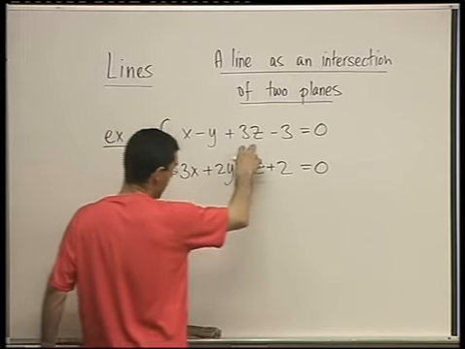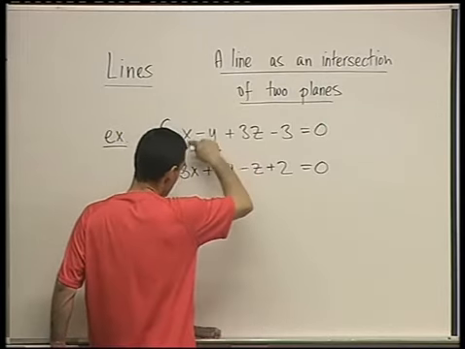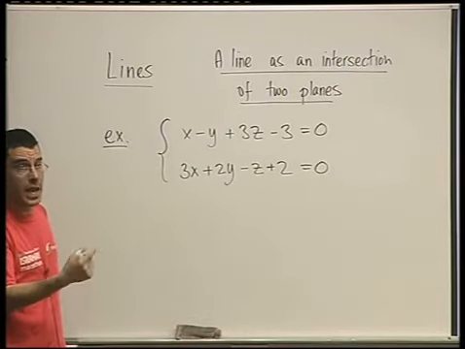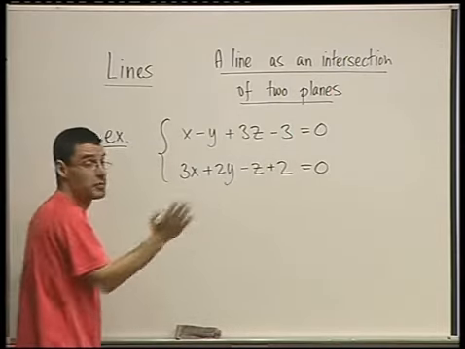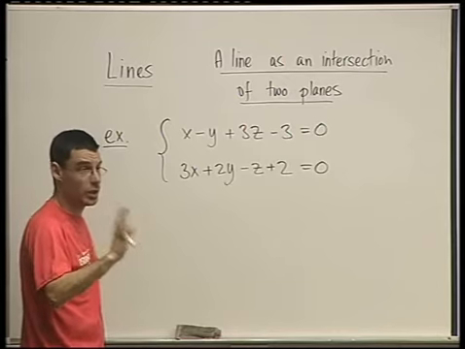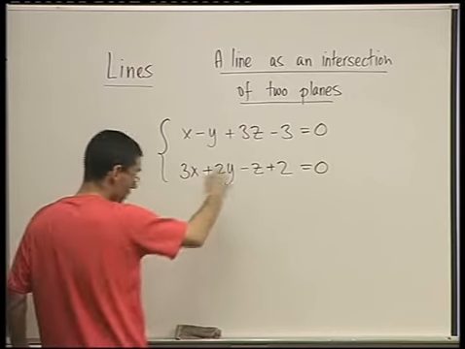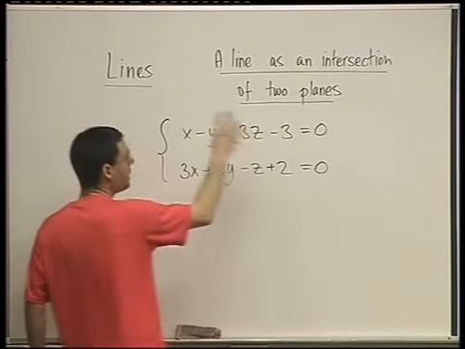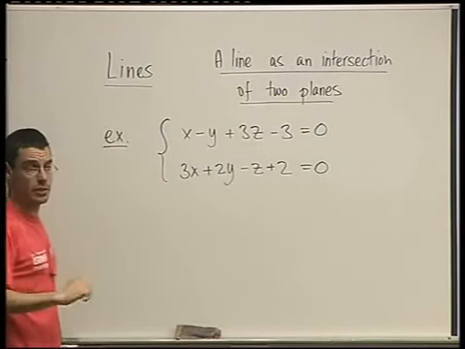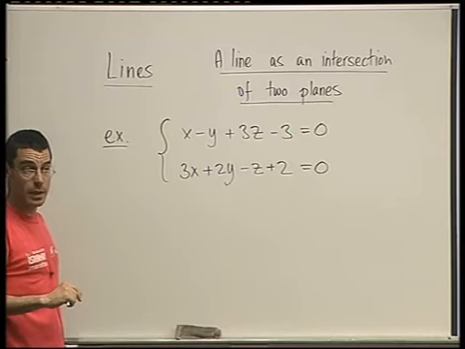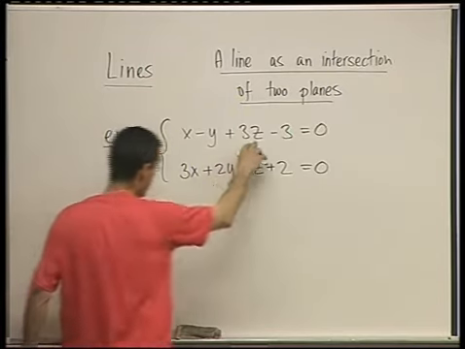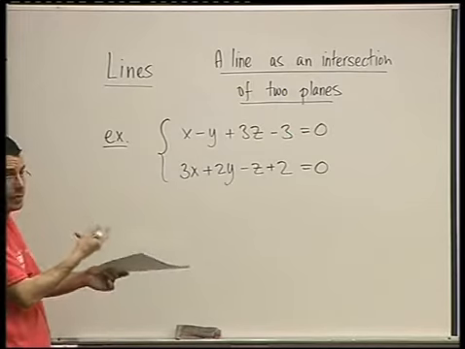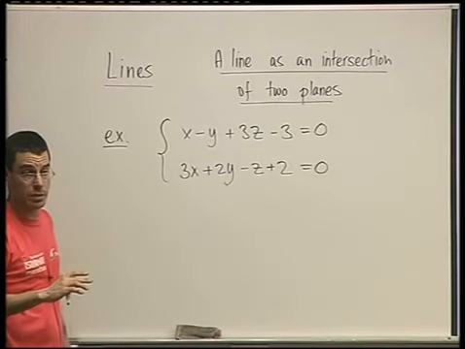Since I have 3 variables and only 2 equations which they have to satisfy, I'm going to have some degree of freedom. That's a professional term. Some degree of freedom here, so I can even try choosing z to be, let's say, 0 and then solving it for x and y. And it may not work, because maybe the line doesn't go through z equals 0, but I'll figure that out right away and try a different degree of freedom.